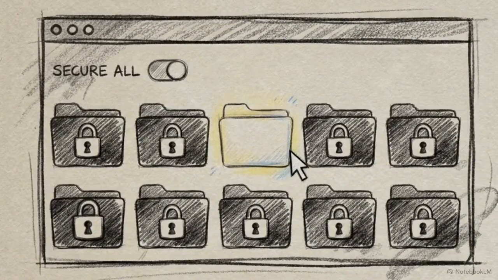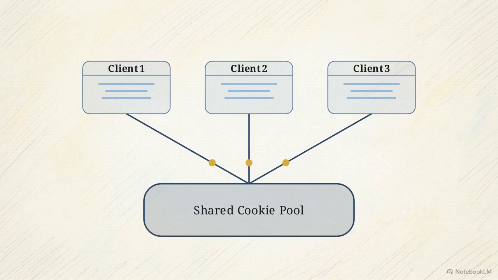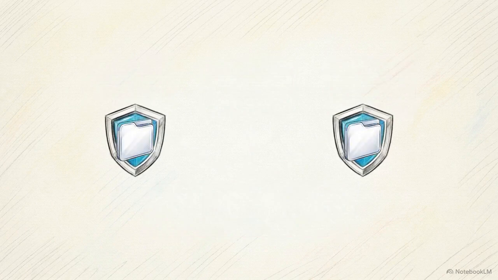Even with a perfect manager hub, a physical limitation remains. Opening multiple child accounts simultaneously in standard browser tabs shares a single cookie pool, inevitably triggering forced logouts. We fix this with Sendwin's browser isolation, physically sandboxing individual tabs.